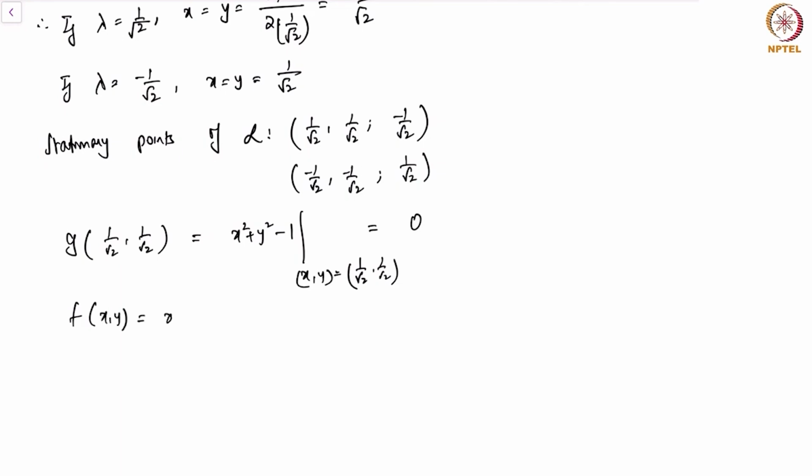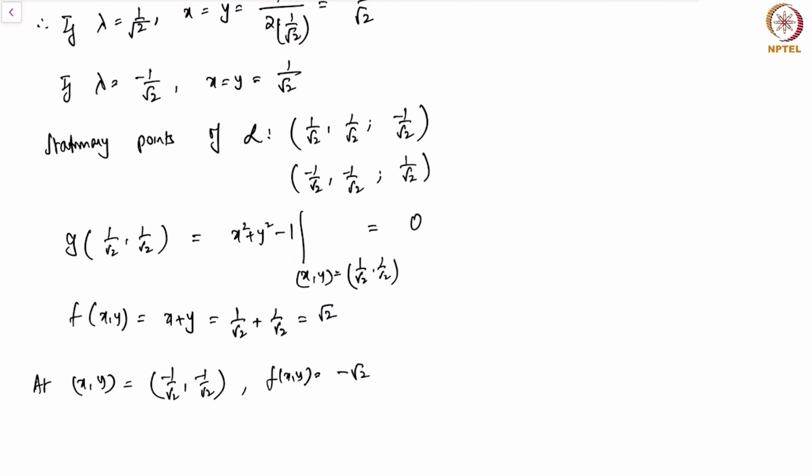y, which is x plus y, is simply now 1 by root 2 plus 1 by root 2, that is 2 by root 2, or this is just root 2. And similarly at x comma y is minus 1 by root 2 comma minus 1 by root 2, f of x comma y is just minus root 2.